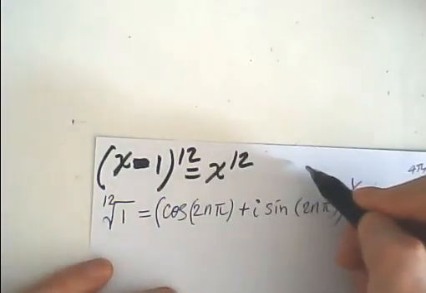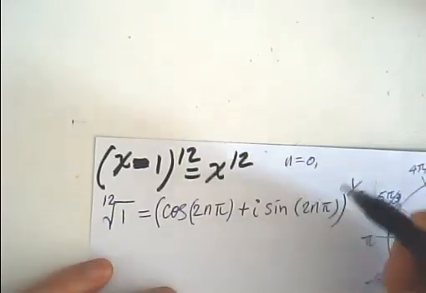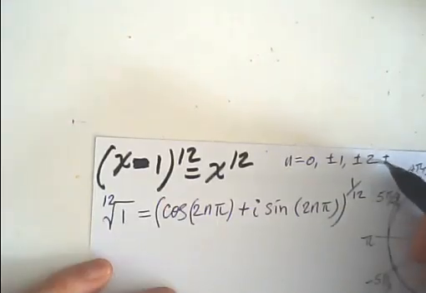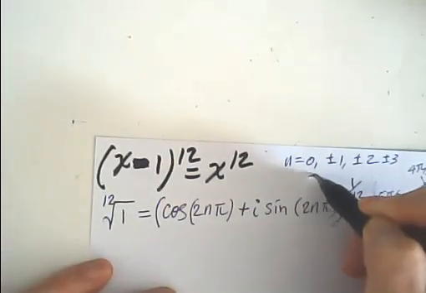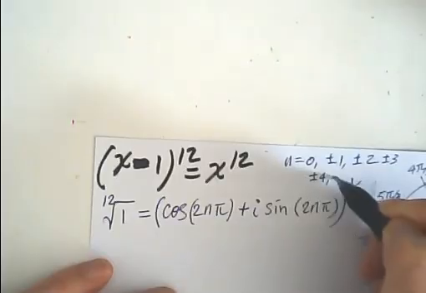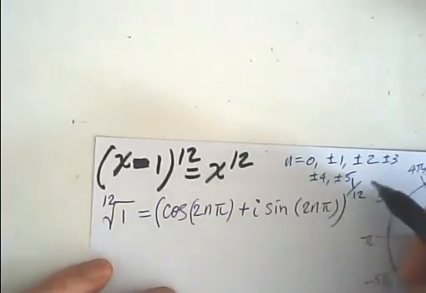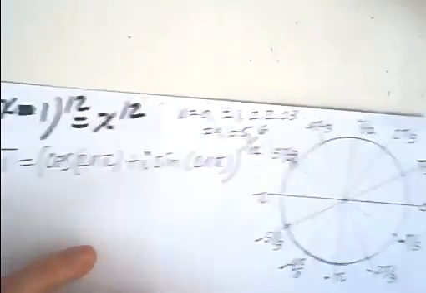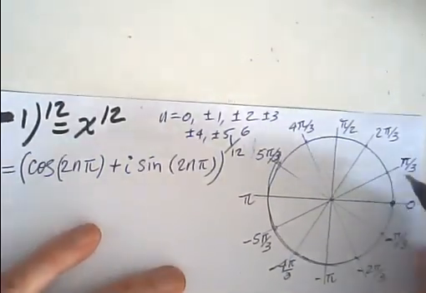And n is equal to 0, plus or minus 1, plus or minus 2, plus or minus 3, plus or minus 4, plus or minus 5, and 6. Okay, so namely these are 12 roots.